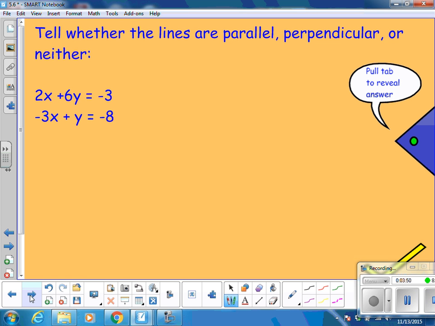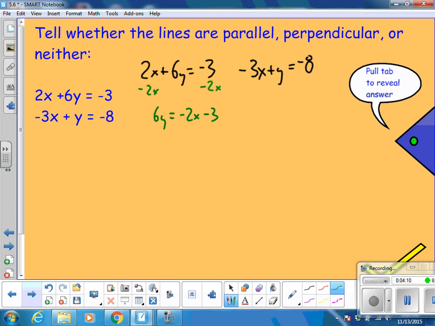Let's try another one. Okay. 2x plus 6y equals -3, and -3x plus y equals -8. Let's see what we can do here. Divide by 6, so I end up with -2/6 x minus 3/6. I'm going to look at this a little differently.